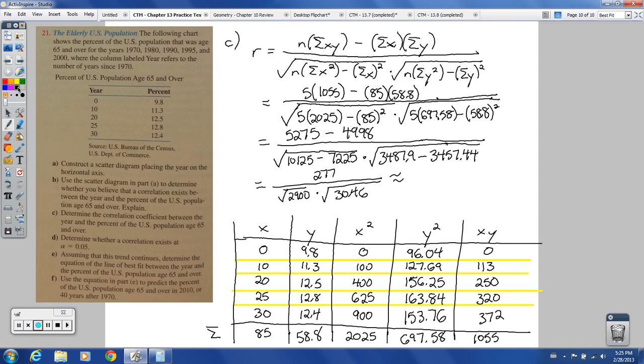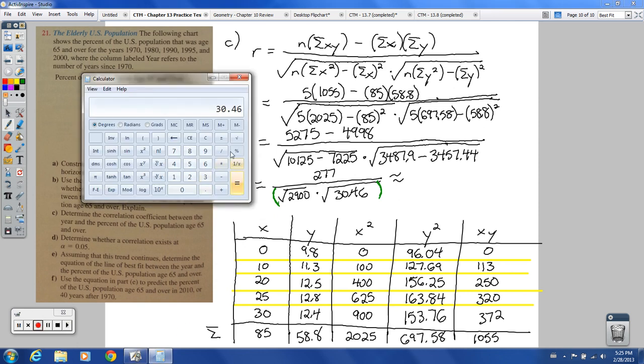And now let's put this into a calculator. Think of parentheses being here, though. We have to multiply these two things together first before we would divide that into 277. So when I type it in here, I'm going to figure that out first.